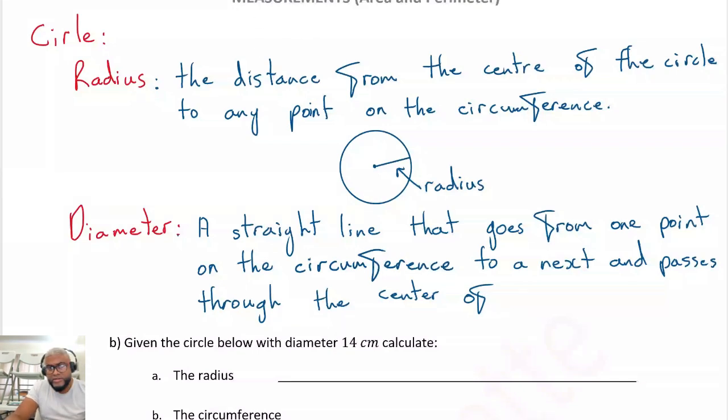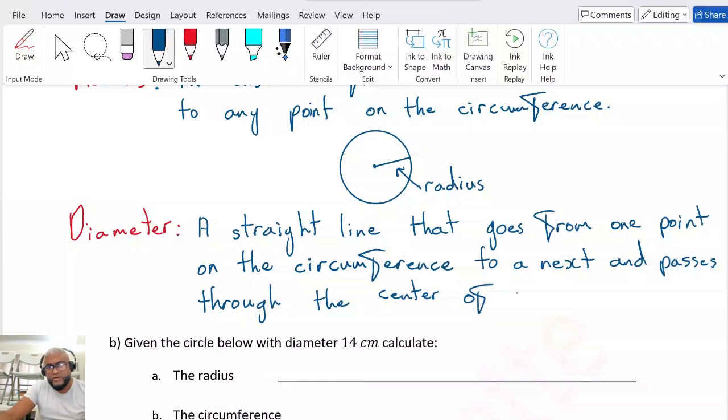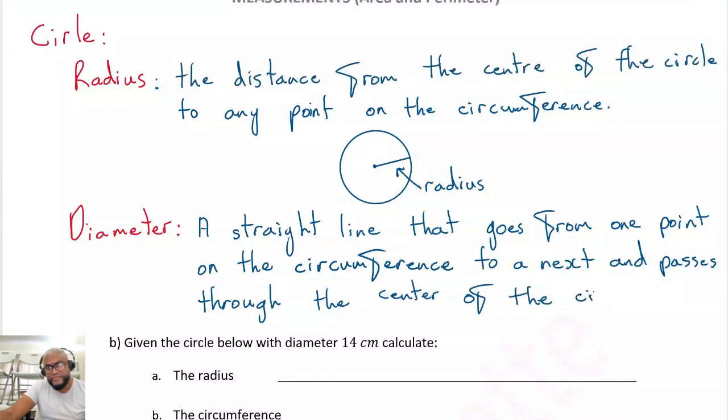They put one point, not end, one point. To the next and passes through the center of the circle, right?